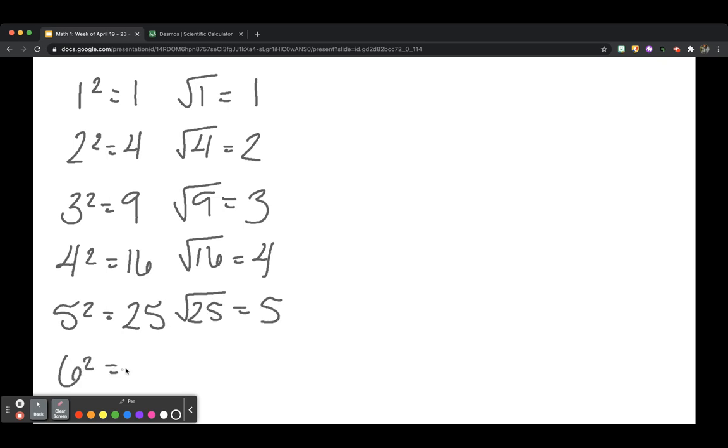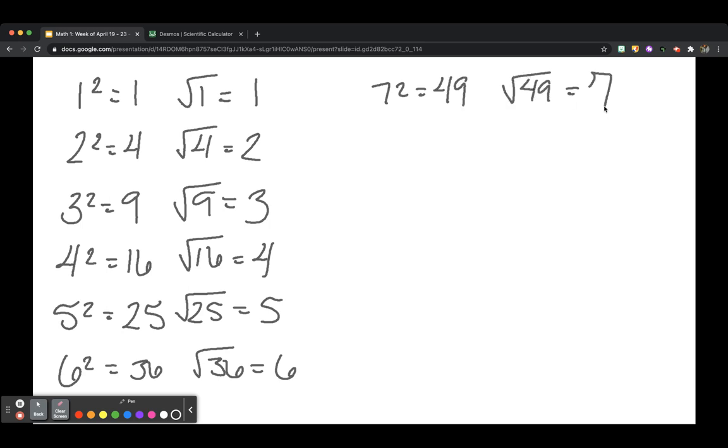6 squared is 36, so the square root of 36 is 6. 7 squared is equal to 49, because that's 7 times 7, and the square root of 49 is equal to 7. 8 squared is 64.